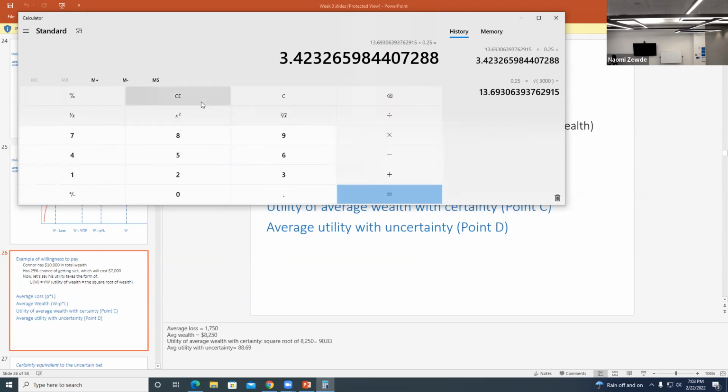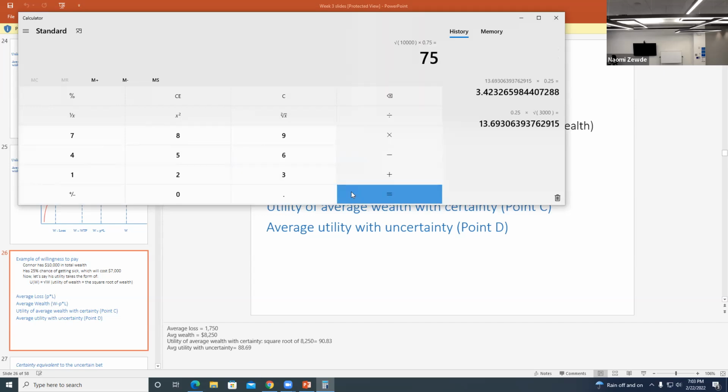And then we have the flip side: there's a possibility that you lose nothing. So the square root of 10,000 times 0.75, since you have a 75% chance of that, is 75. Now their utility is going to be the sum of 75 plus 3.42, so it's 78.42.